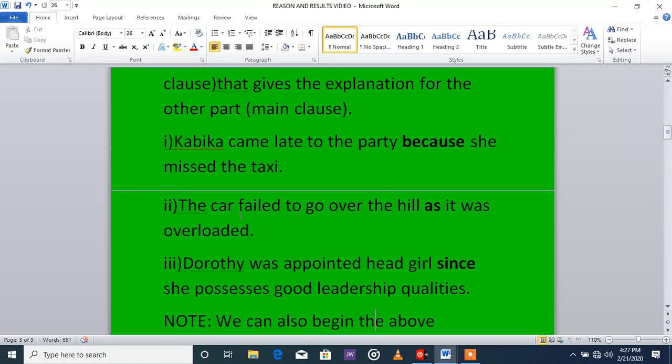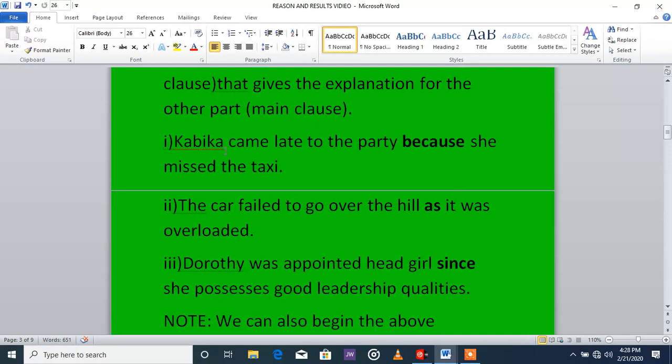Now this answers why it failed to go over: because it was overloaded. So where there is as, we can put because or since. We can read it as: the car failed to go over the hill because it was overloaded. Or we can say: the car failed to go over the hill since it was overloaded.